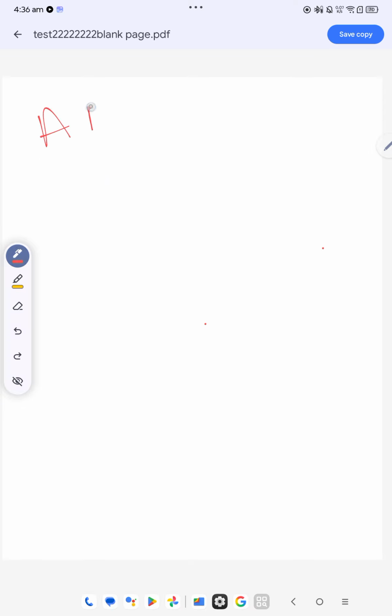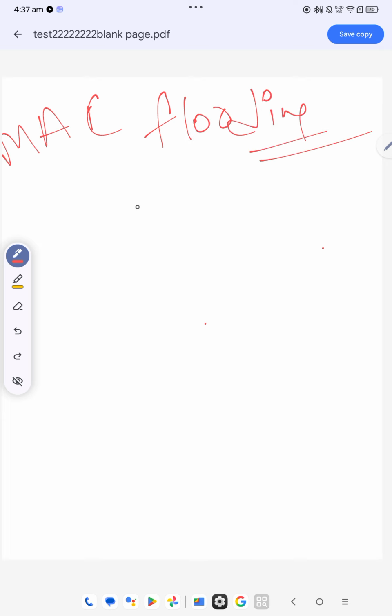MAC flooding. In a switch, you can flood so many frames.